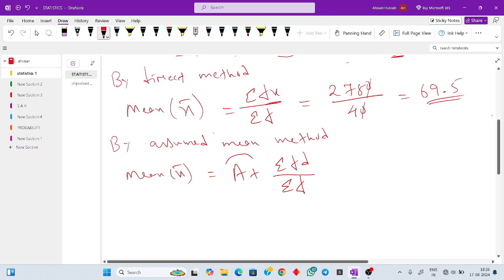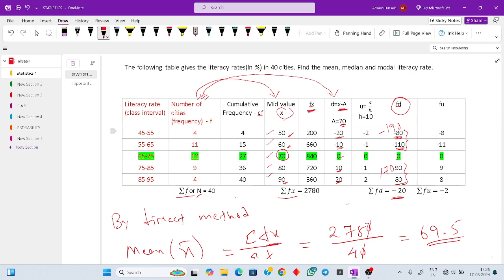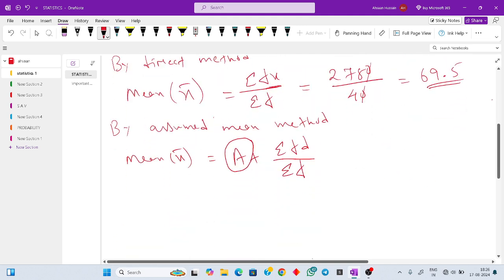Why have we added this a? Because here we have subtracted the value of a from every observation. For example, from 50 we have subtracted 70. Again, from 60 also, we have subtracted 70. That's why we are adding this a, that means 70 here.